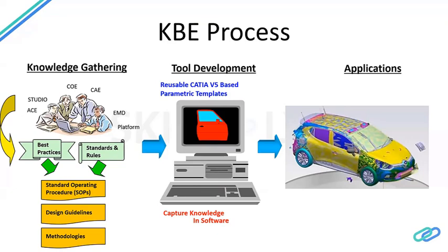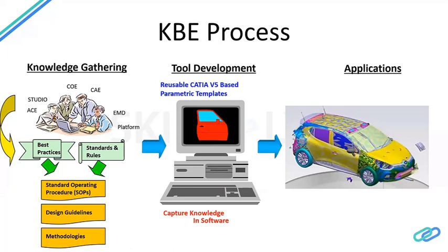Each team will have different guidelines which each one has to adhere to while designing the parts, and that has to be formulated in the form of standard operating procedures, design guidelines, and methodologies. These procedures, guidelines, and methodologies will be considered while creating each parametric model. I'll be taking up an example to explain what I'm trying to say. So this is all about the theoretical aspect of knowledge-based engineering.